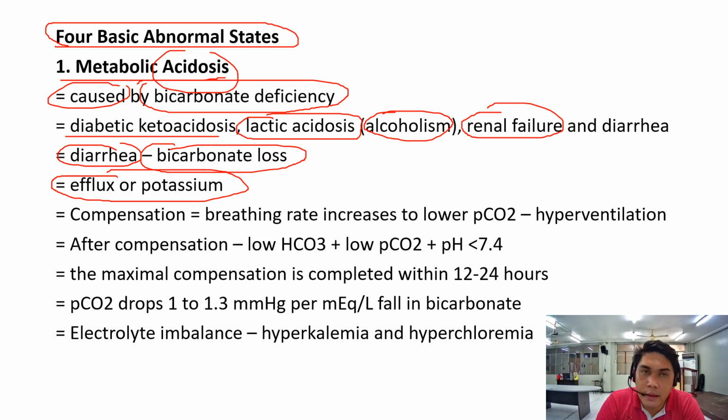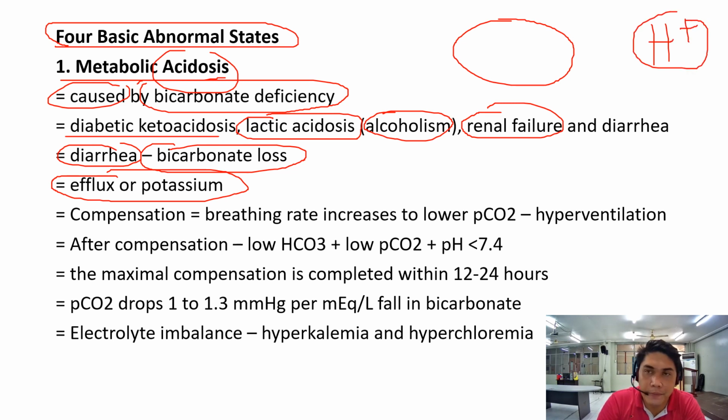Now, if there is acidosis, it is expected that there is an efflux of potassium. Meaning, for acidosis, if this is the cell, outside the cell there is an increased H plus concentration. And potassium is the major intracellular cation, so K plus is inside the cell. Our body will try to decrease the H plus concentration by exchanging H plus with K plus.